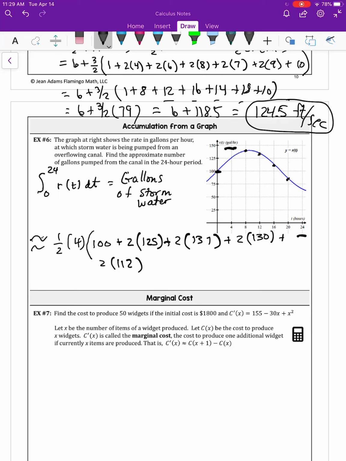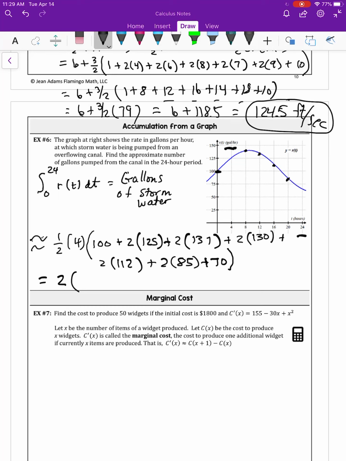Plus twice 112. So this is the one that I said was about 112. Next one, plus twice, I said that one was about 85. And so you can see that your answer might have been different than mine if you chose different values for those.